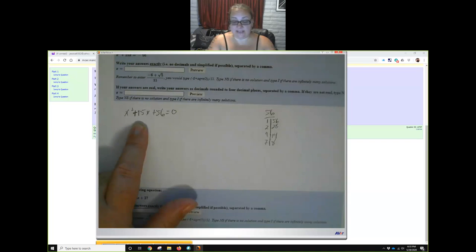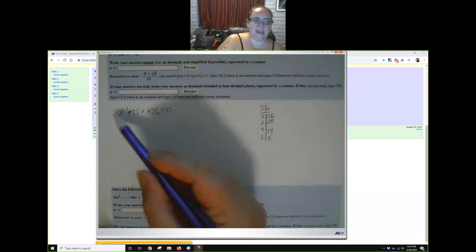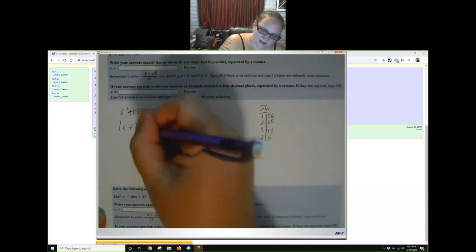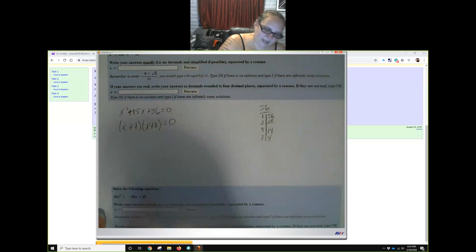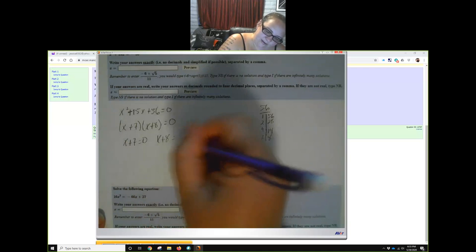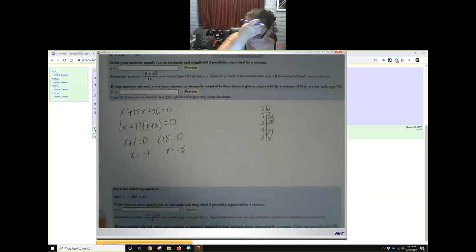And in this case, there is, 7 and 8. And so when we don't have an a, that's when we can just say that this is x plus 7, x plus 8, and then x plus 7 equals 0, x plus 8 equals 0, so x is -7, -8.